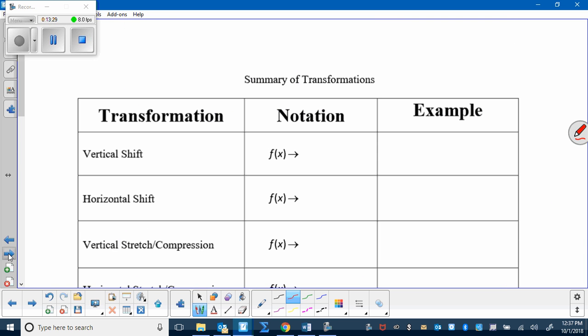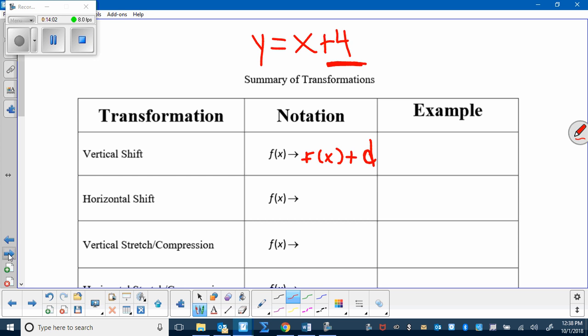Okay, speaking of transformations, anytime you have a formula, like let's say you have y equals x, that's the parent. There's no numbers, it's basic, it's generic, that is the parent function. So a vertical shift is anybody that says f of x plus c. Actually, I think they use the letter d, so let's use the letter d. So plus d at the back. A vertical shift would be like y equals x plus 4.